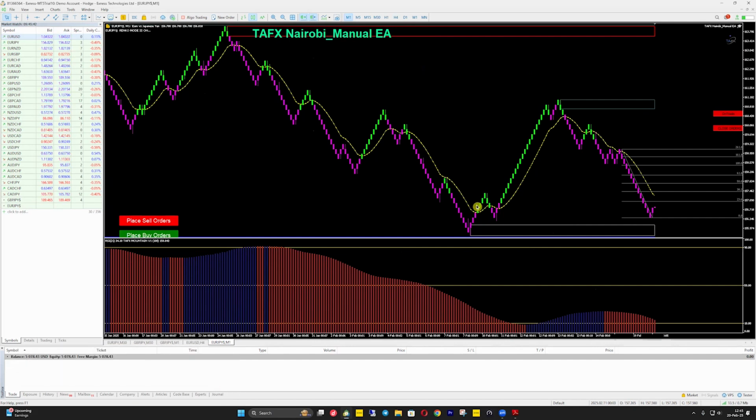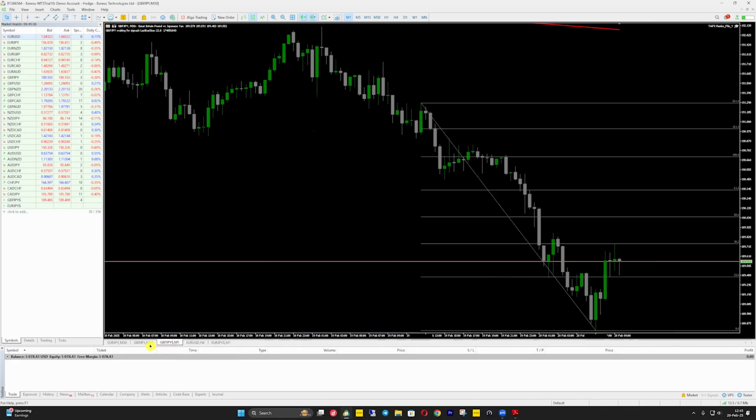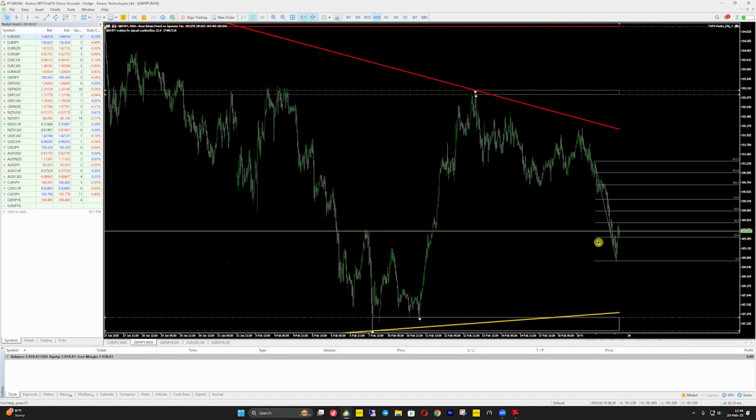So don't forget, if you are using the RENKO manual EAs, you will be receiving the signals, because that's why it has the signal generator. The signals are generated after confirming everything that I'm telling you here: after confirming the sweep of liquidity, the order blocks, the direction of the market, the supply and demand zone, and also the trend line.